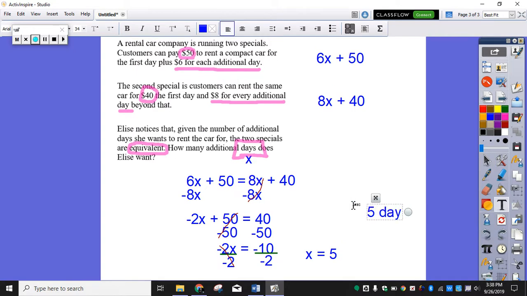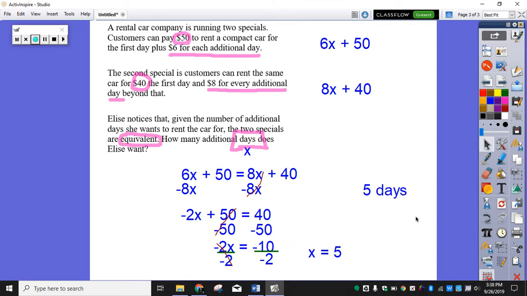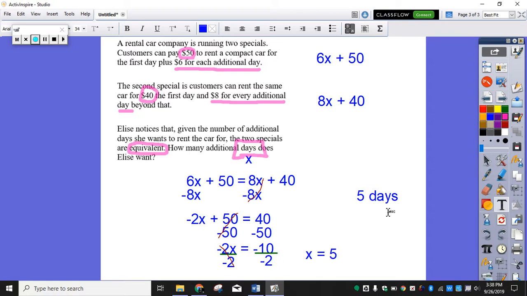Now, I should probably check to make sure that is correct before I type in my final answer. The way I check my work is to plug 5 in for x in each of these expressions and make sure they're equal. So 6x plus 50 would become 6 times 5 plus 50.